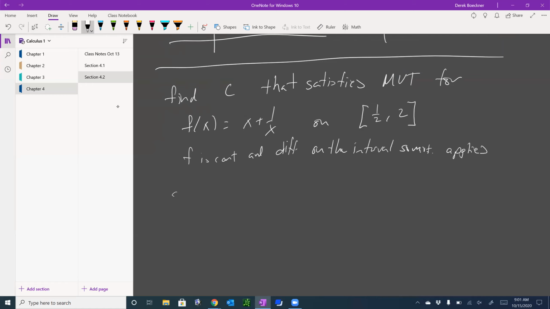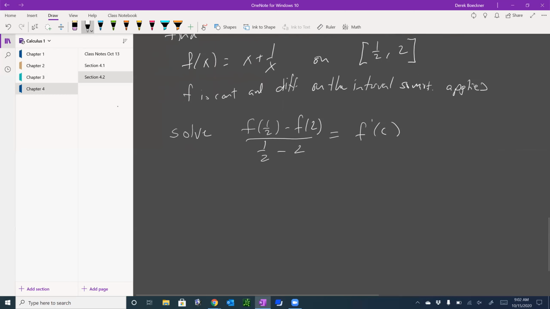So we want to solve (f of 1/2 minus f of 2) over (1/2 minus 2) equals f prime at c. Which, f of 1/2 is 2 plus 1/2, which is 5/2. So this is minus 1, right? Equals f prime at c.